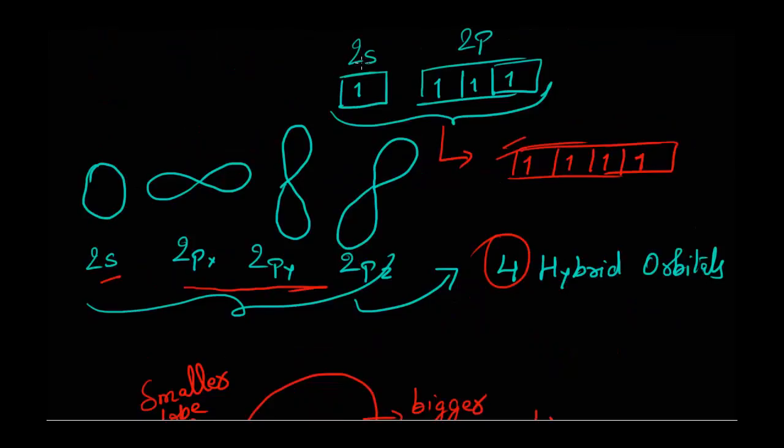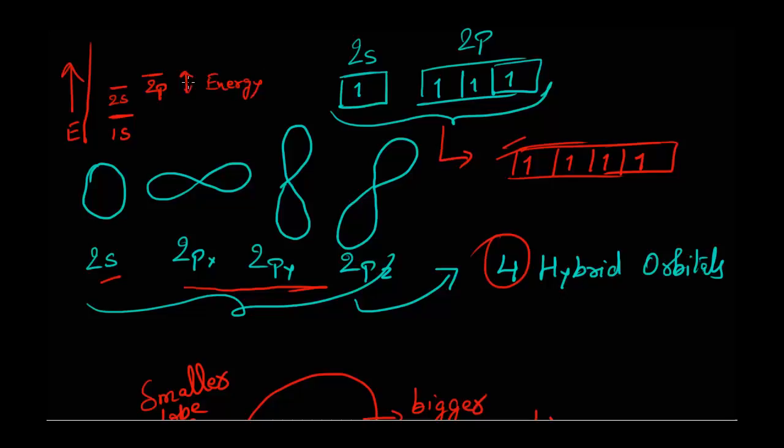Now we know that 2s and 2p have some gap in energy. If I have to write the energy, my 1s stands here, my 2s stands here, and 2p is somewhat on top of 2s, meaning there is a gap of energy here.